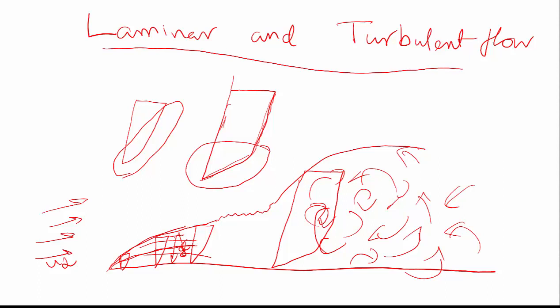Therefore, kindly understand the laminar and turbulent flow concept, turbulent boundary layer and laminar boundary layer, and velocity boundary layer thickness. These are very important introductions to convection heat transfer for competitive examinations.